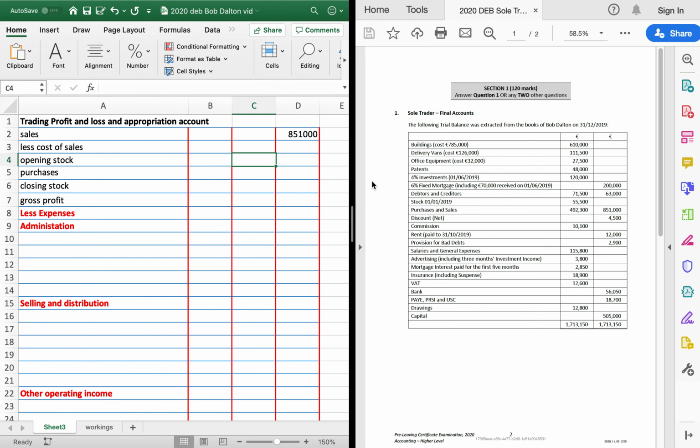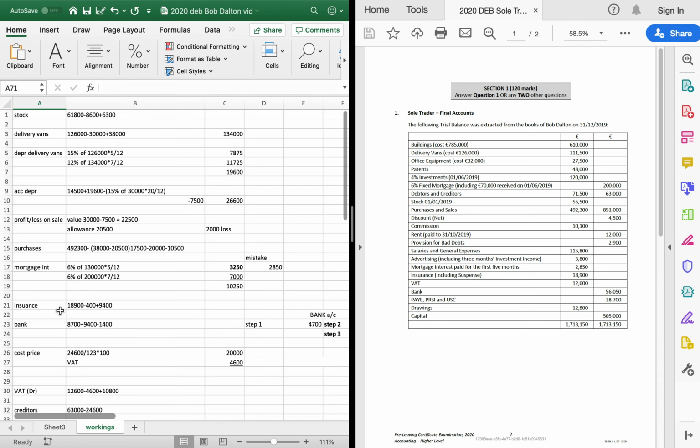Less cost of sales. We know opening stock never changes, so opening stock is 55.5. Purchases has changed, so let's look to our purchases. So it's 4,92300 minus 17.5 minus 20 minus 10,500.